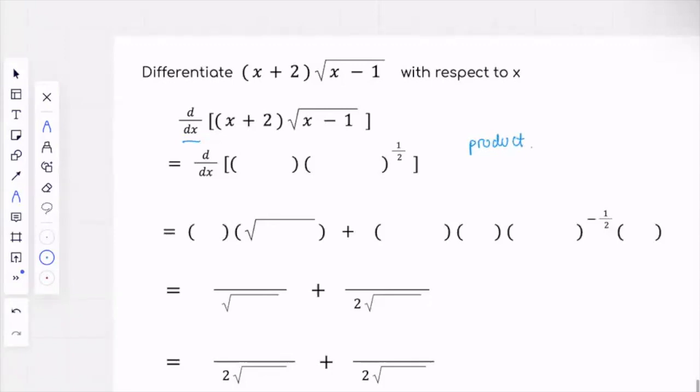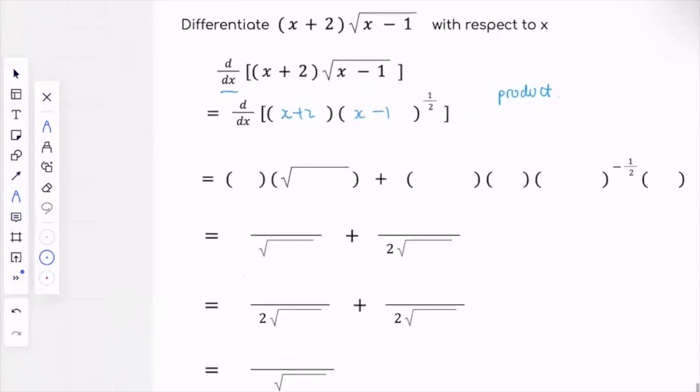We convert one of the factors, the root sign, into indices, a fractional power, in this case power half. So we just put there d/dx of x plus 2 times (x minus 1) power half.